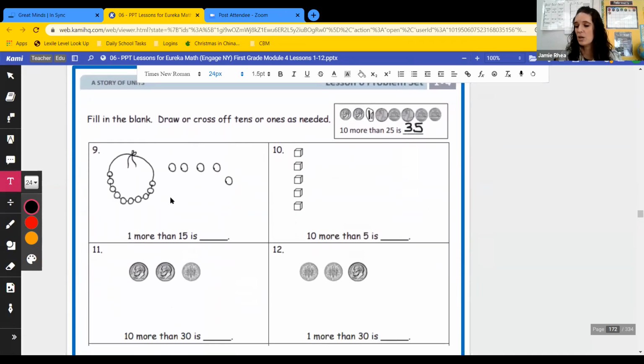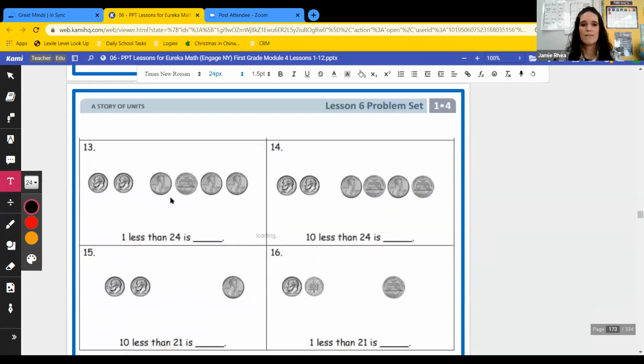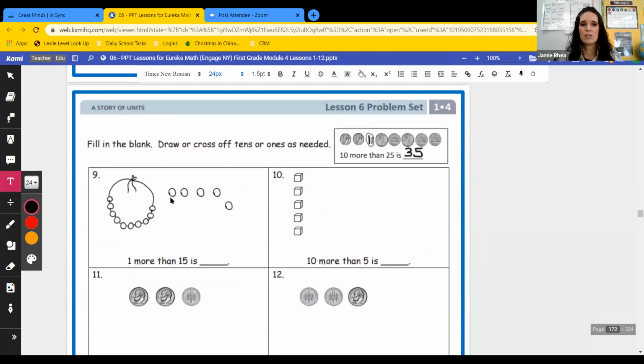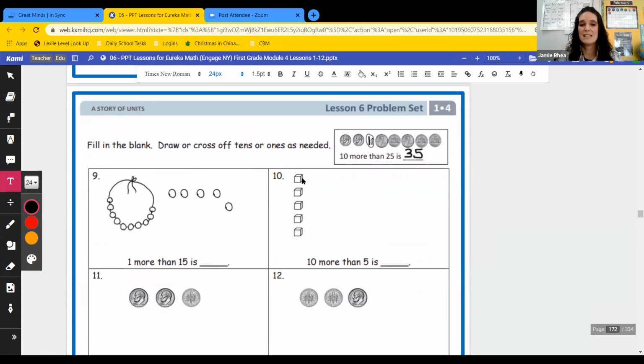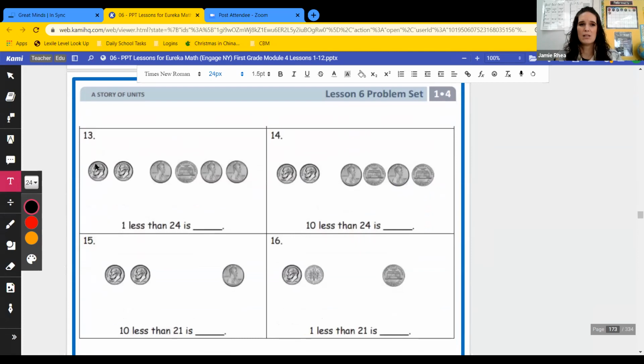All right, so let's go back down here and look at 15 and 16. Now, guys, look, our directions change. Fill in the blank. Draw or cross off tens and ones as needed. So let's come down here and look at 13 and 14. 1 less than 24 is blank. What am I going to cross off?